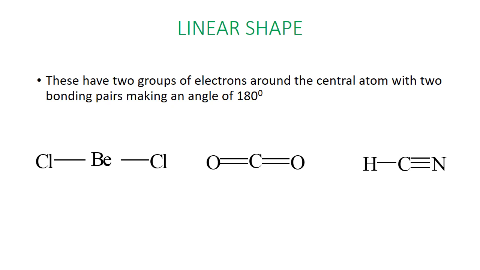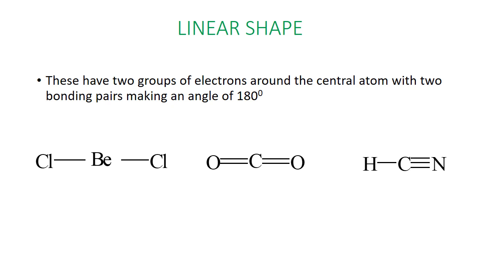First we are going to look at linear shapes. These are the ones which have two groups of electrons. For example, we have only two bonding pairs, one on each side. Beryllium chloride has only two bond pairs. The shape of carbon dioxide is also linear, and the shape of hydrogen cyanide is also linear.